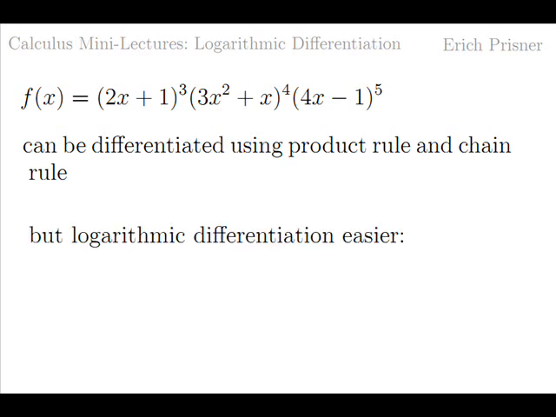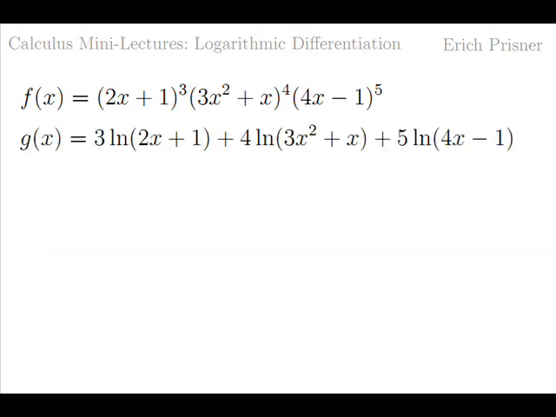We could also instead use our logarithmic differentiation method and introduce g of x equals ln of f of x. Since the logarithm of a product equals the sum of the logarithms of the factors, we get g of x equals 3 times ln of 2x plus 1 plus 4 times ln of 3x squared plus x plus 5 times ln of 4x minus 1.